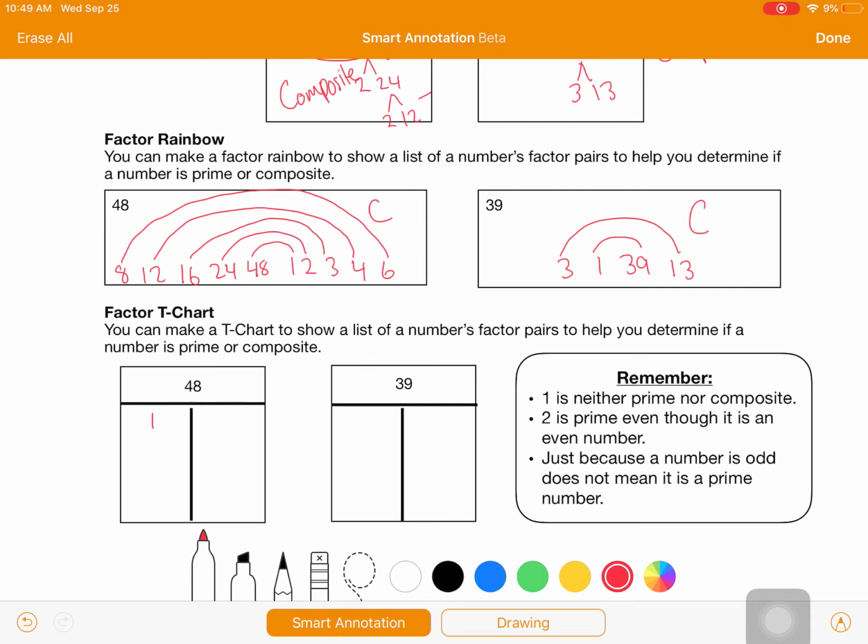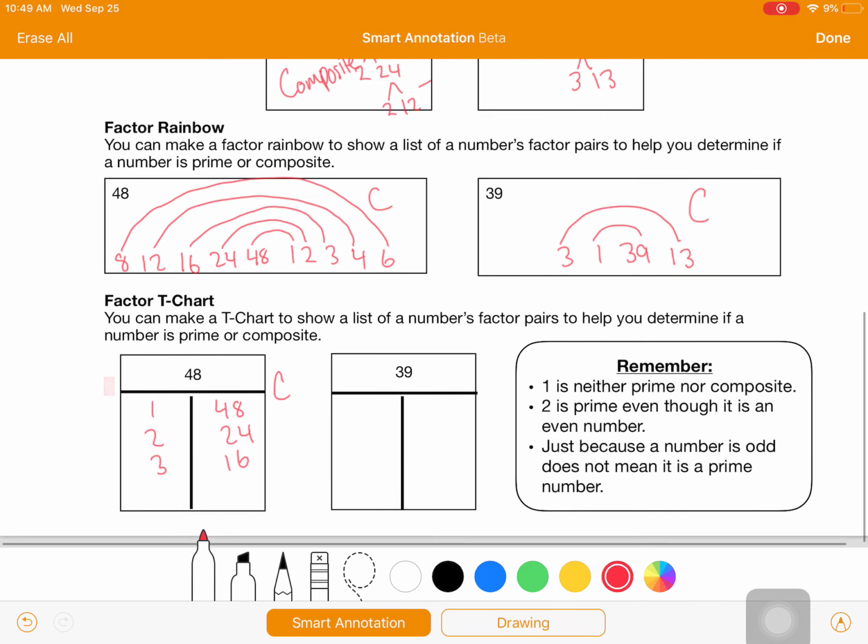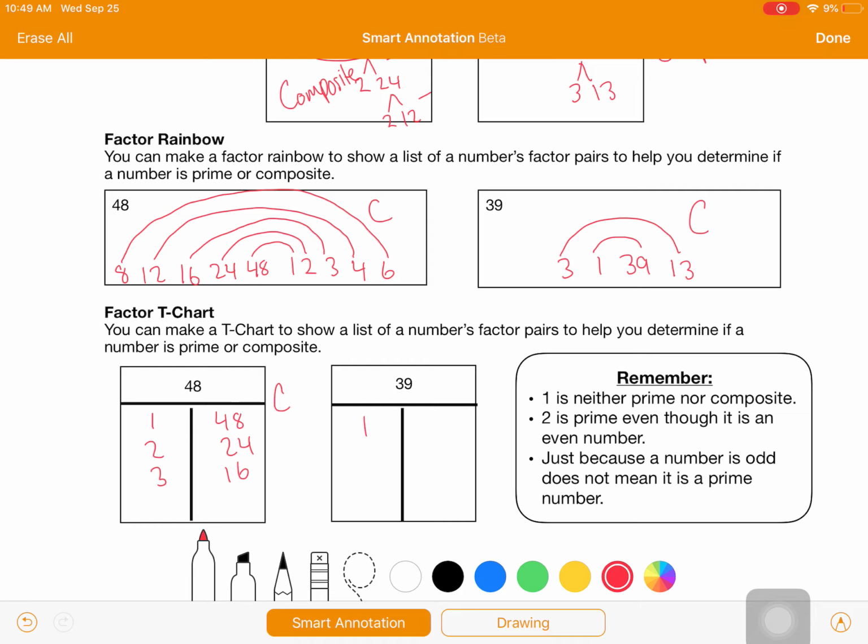So I would start again with 1 and 48, 2 and 24, 3 and 16. Because I already have more than 2 factors, I know that 48 is composite. If I was going to do the same thing with 39, I would have 1 and 39, 3 and 13. There are more than 2 factors, so 39 is composite.